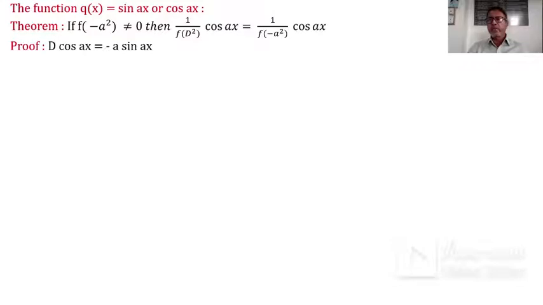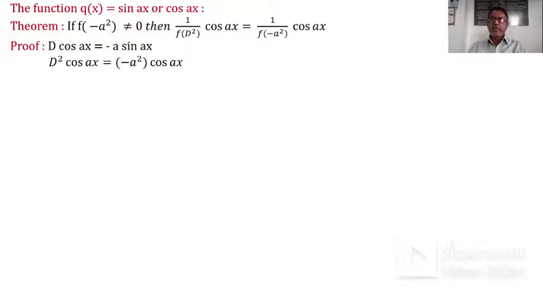Now here, if we take the first derivative of cos ax, this is equal to minus a sin ax. Then D square cos ax, the second derivative of cos ax, is equal to the derivative of minus a sin ax, and this is equal to minus a square cos ax.